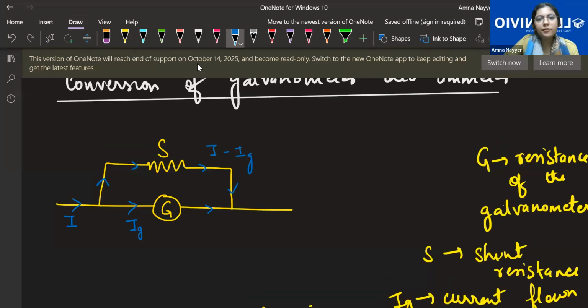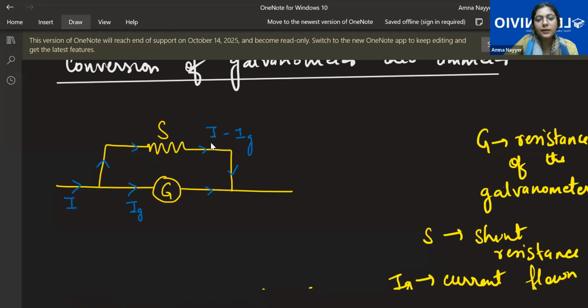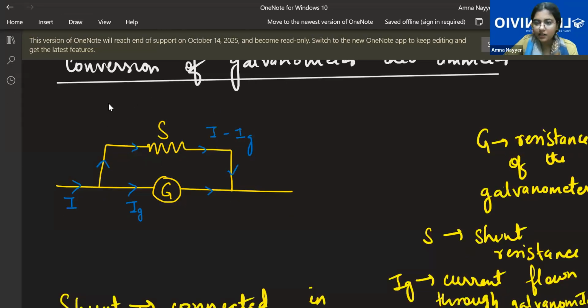So, when I talk about the potential across this part, the shunt, and the potential across the galvanometer, do you think they'll be the same or different? S is a small resistance, so how does it affect the potential then?